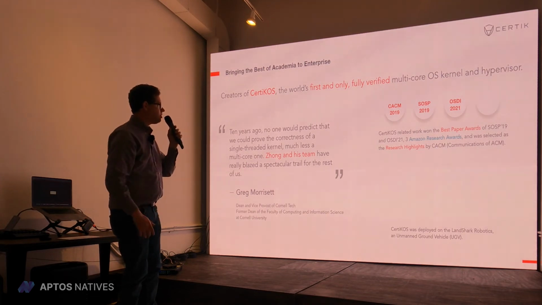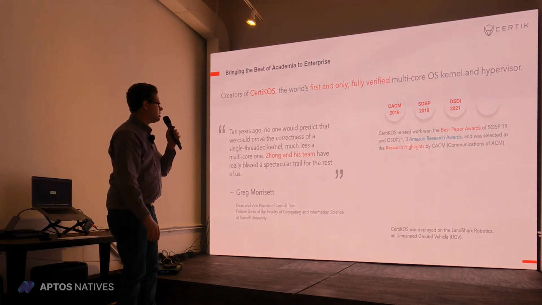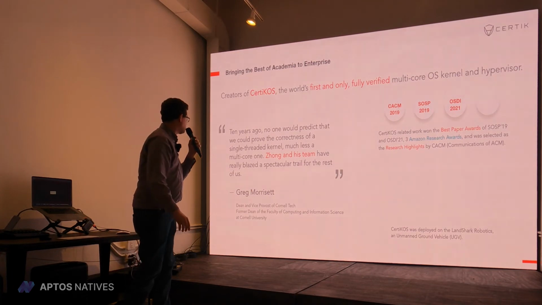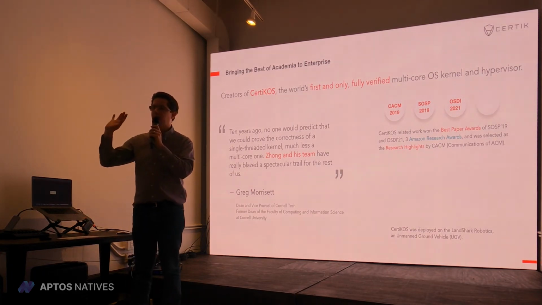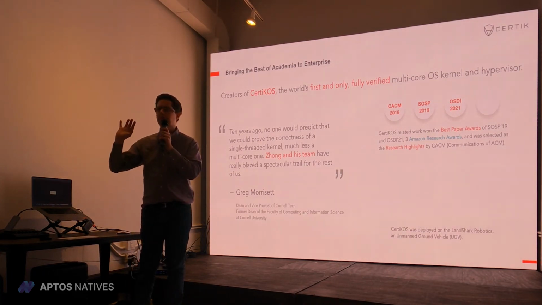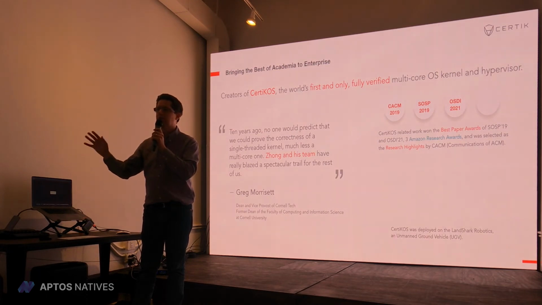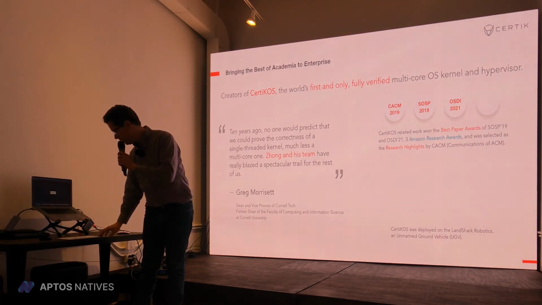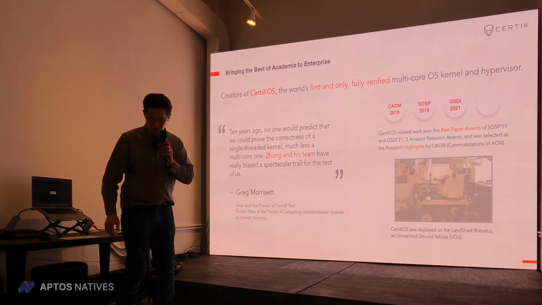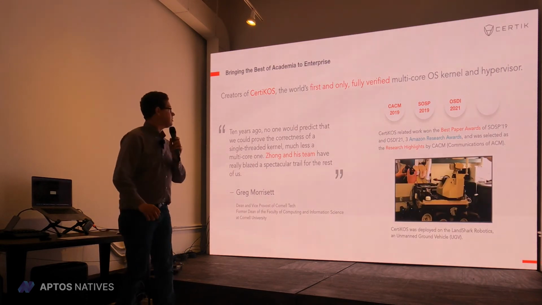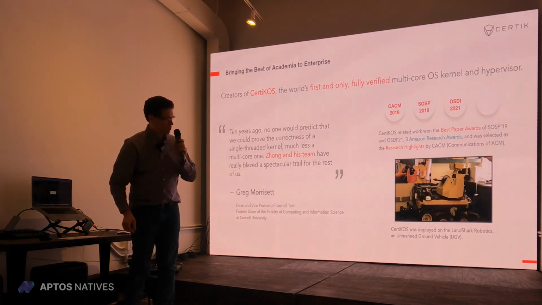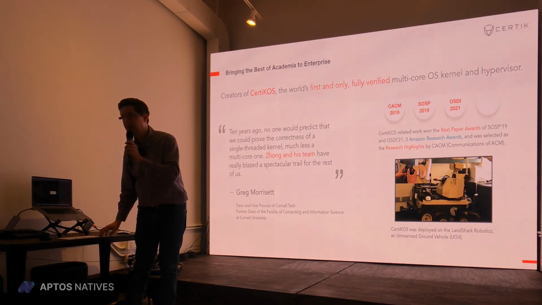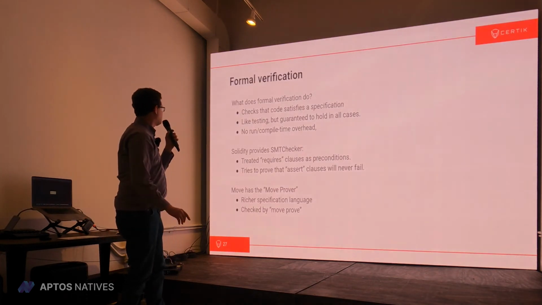They won a whole bunch of awards. I think the CertiKOS work has won three Amazon Research Awards. What I can say is it was a big breakthrough in the ability to formally prove and reason about real systems. There's an example deployed on a UAV here, but it's not too relevant for blockchain.